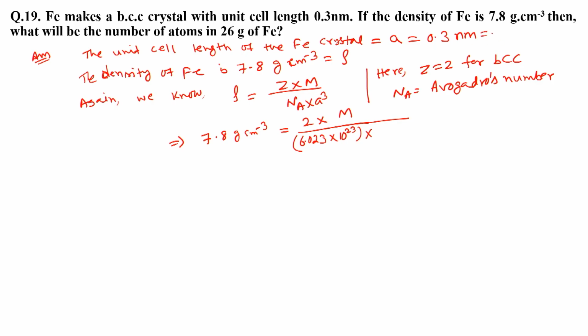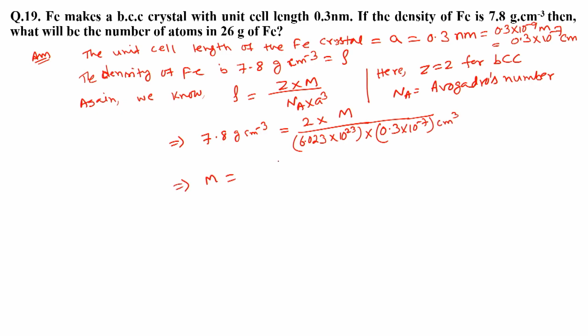So we can calculate this as 0.3 times 10 to the minus 9 meter, right? So we can write this as 0.3 times 10 to the minus 7 centimeter, because we are considering centimeter units, as density is given in grams per centimeter cube. So rho, with A as 0.3 times 10 to the minus 7 centimeter cube. Now we can calculate the value of m.